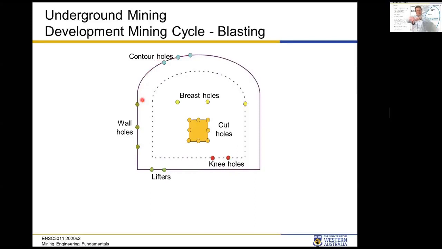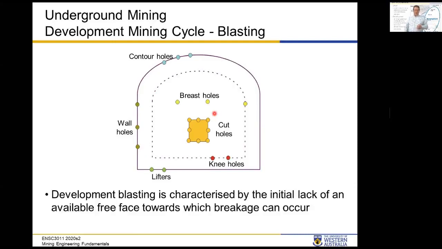When you perforate a piece of paper, so you rip off the bottom, it rips at the precise line you want. Same sort of logic. You create empty holes around the edge, or lightly charged holes to create the shape exactly as you want. But this is just a lot more complex than surface mining, because you haven't got the initial air to expand into, and you've got a precise shape you want to create.